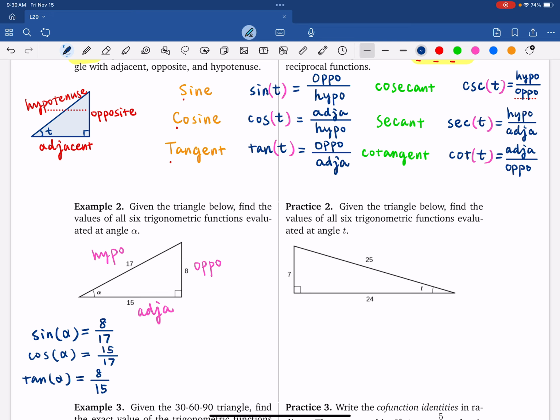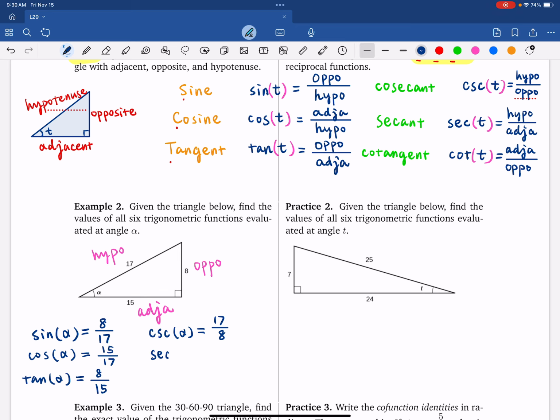Okay, and then for the other 3, use pairs and then write the reciprocals. So sine, the reciprocal is cosecant, CSC of alpha. And this one, you don't need to use the formula again. You just need to look at sine and then take a reciprocal. Since sine is 8 over 17, cosecant will be 17 over 8. All right, and then for cosine, its reciprocal is secant.